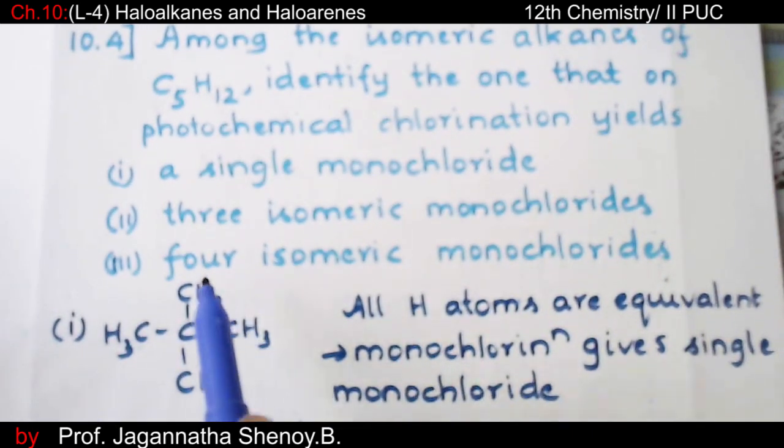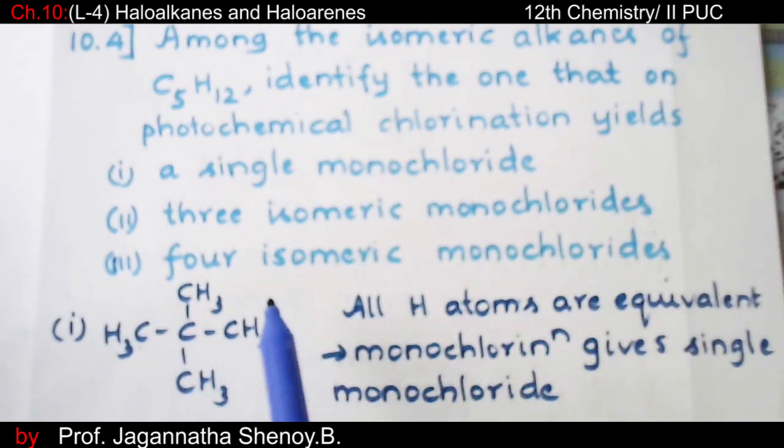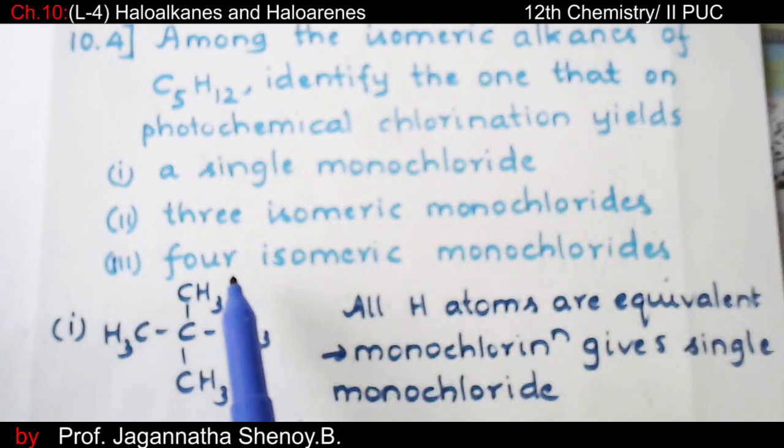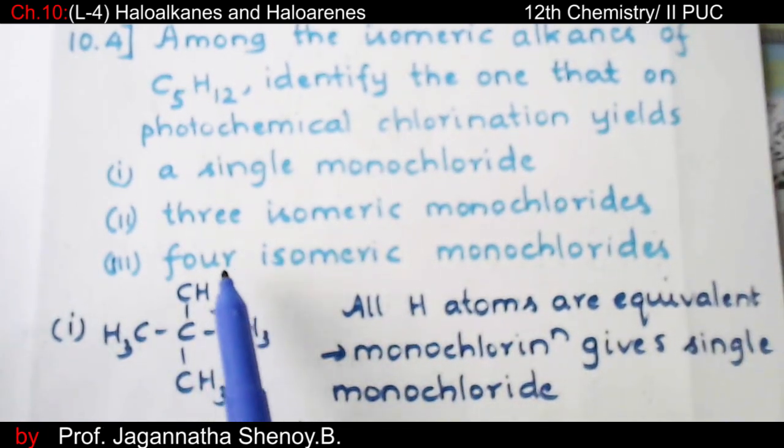In neopentane, you can observe that there are four methyl groups on the central carbon atom. That's why all these hydrogens are equivalent. So whichever hydrogen you replace by one chloro group, you are going to get the same product. That is why a single monochloride is obtained only when we start from neopentane.